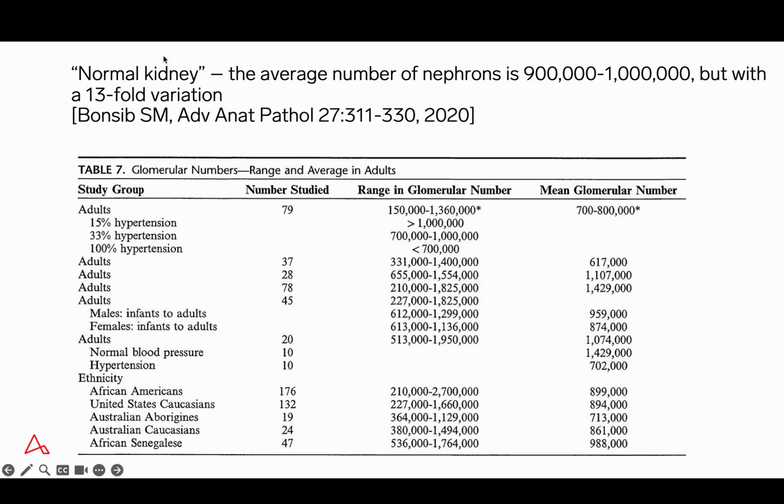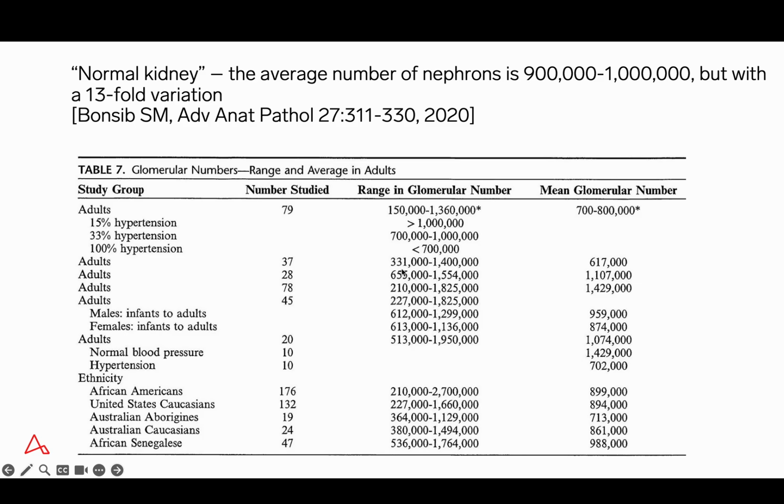That said, there's a 13-fold variation in nephron number in otherwise normal kidneys. And by normal kidneys, I mean kidneys in patients that have normal renal function, normal serum creatinine, and no proteinuria. If we look at these numbers in some of these studies, for instance, African Americans, 176 individuals, the glomerular number ranged from 210,000 to 2.7 million.